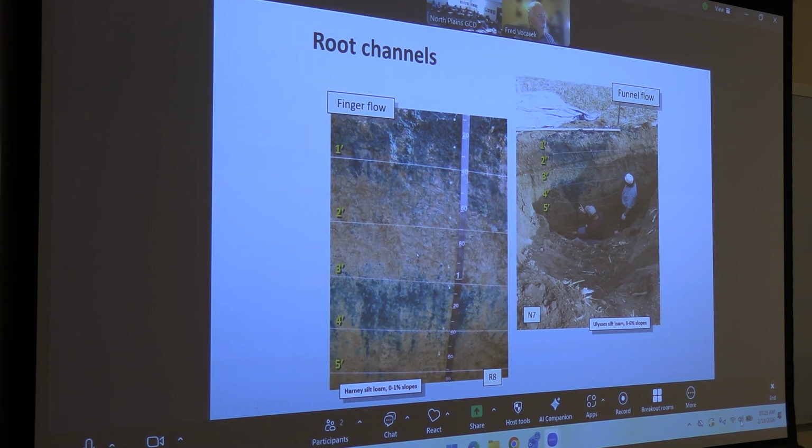This was from that project where I took the deep profiles, and the Kansas Geologic Survey came out and did a study. What they did here was they built a little berm with 2x12s and polytarp, and they added water to it. They had a tank full of water.